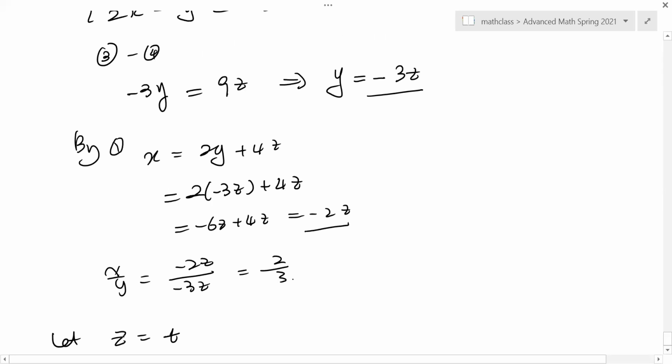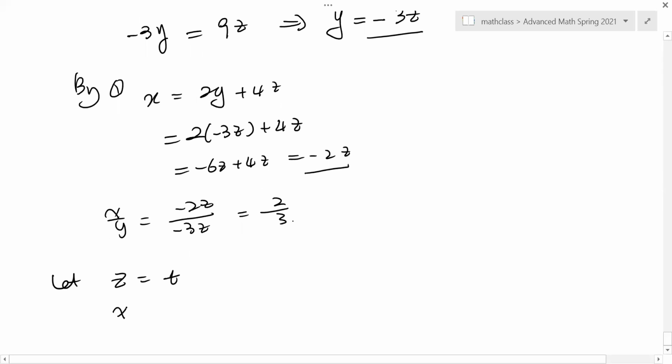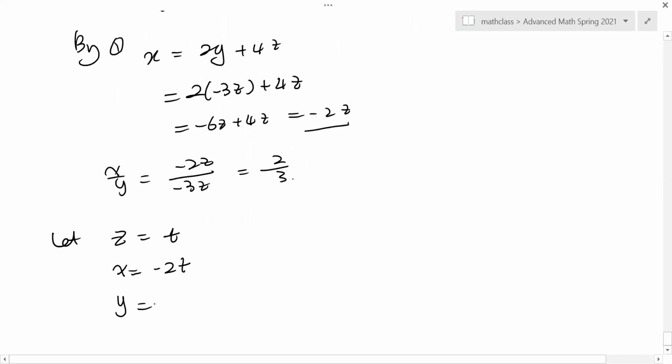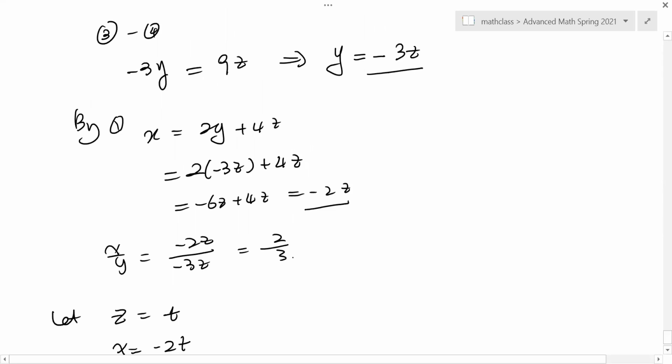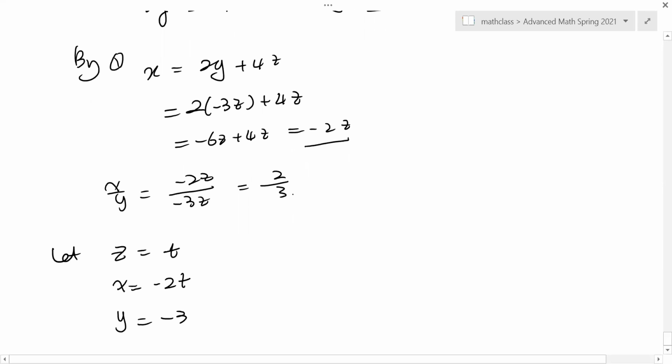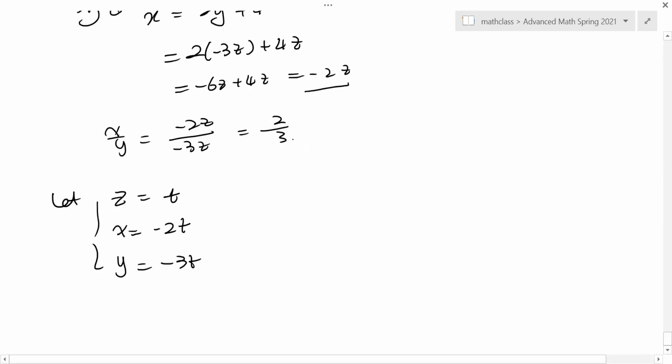Then you get x equals negative 2t, y equals negative 3t. So you got all of the solutions. t is arbitrary, so you get a family of infinitely many solutions. Okay, let's stop here.